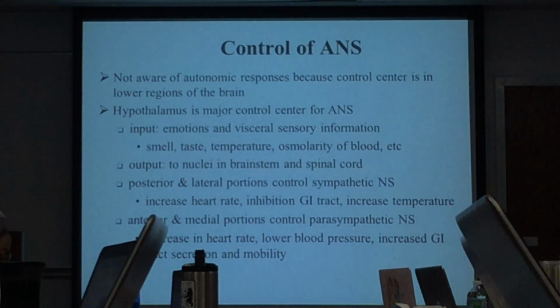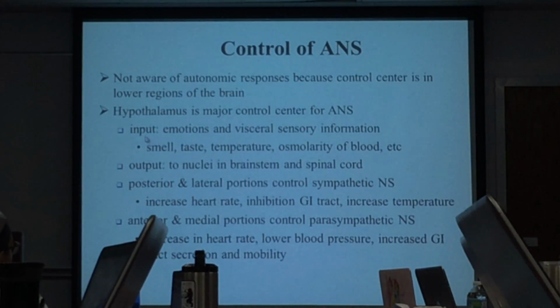Okay, so as I said, the autonomic nervous system is involuntary because the control center is the lower region of the brain. The hypothalamus is the primary brain region that controls the autonomic nervous system.